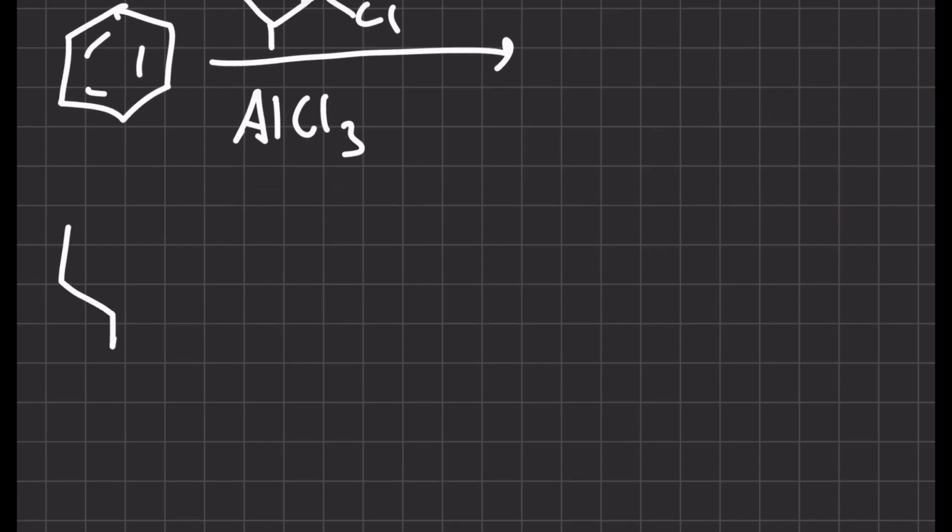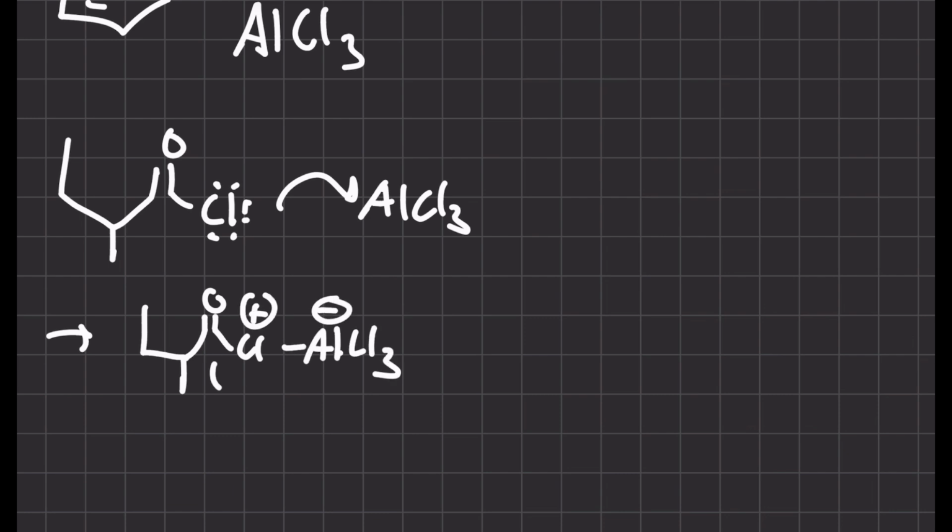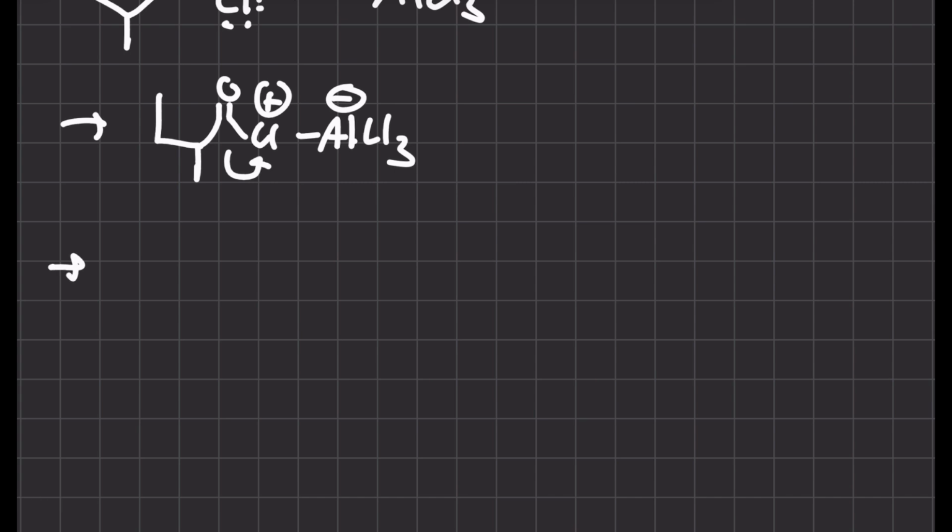We're going to have it react with our catalyst, forming the intermediate. Then it's going to dissociate off, creating our electrophile. And then we're going to have our AlCl4.